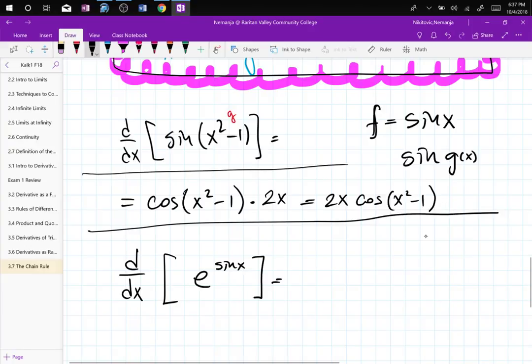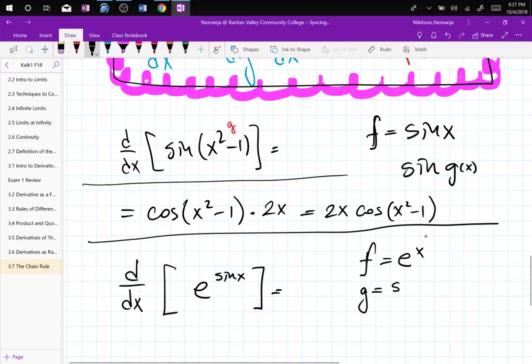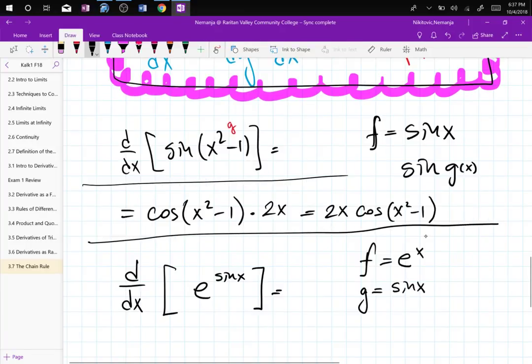So what is the outer function? What's the boss? E is the boss. So that's my f is equal to e to the x, and g is going to be sine x, right? So when you take this and plug it into the exponent of the e to the x, right?